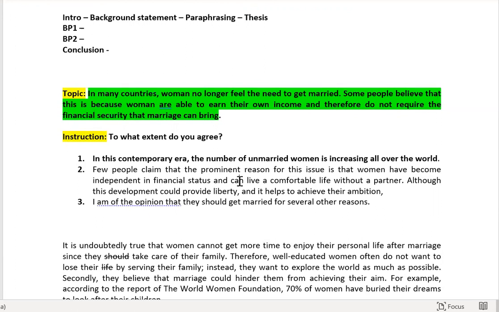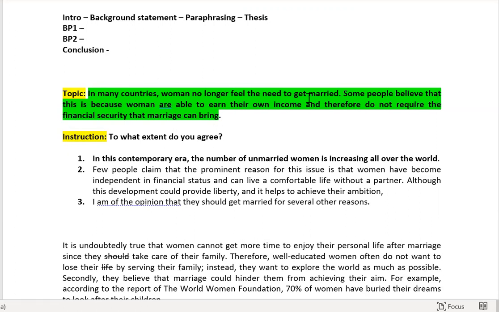In my own words, I can write, people are becoming self-centered. This is the same thing, but the words and tone are different. So let's see whether this guy is writing an appropriate paraphrasing or not.